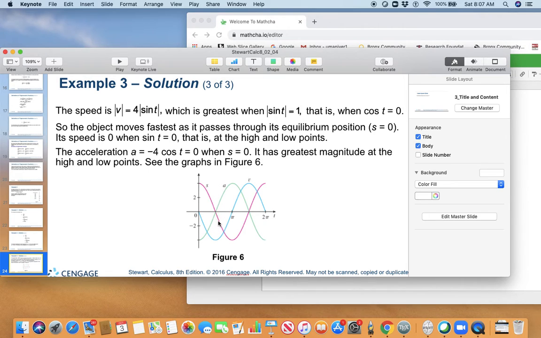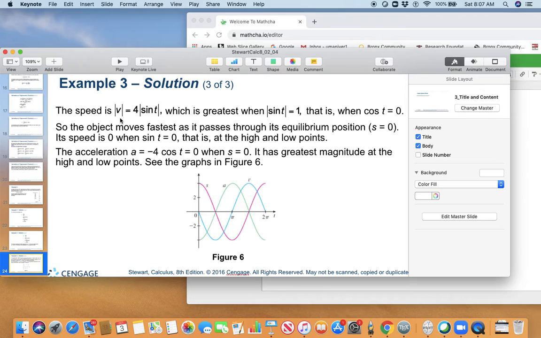Where is s? S is the one in pink. That's correct, of course. So it starts at 4 and continues. Velocity and acceleration.